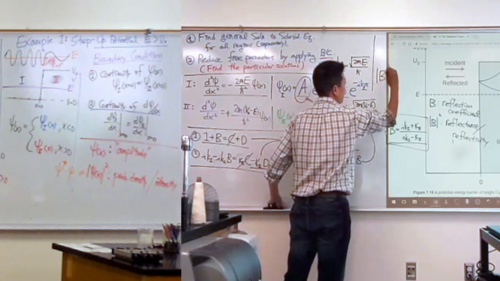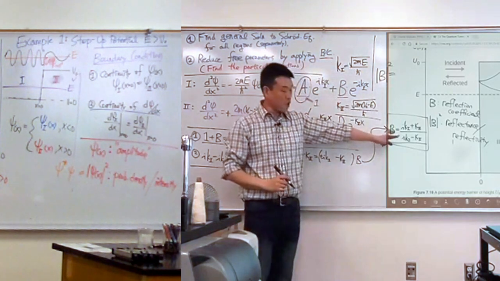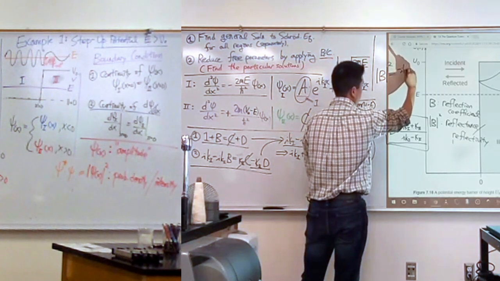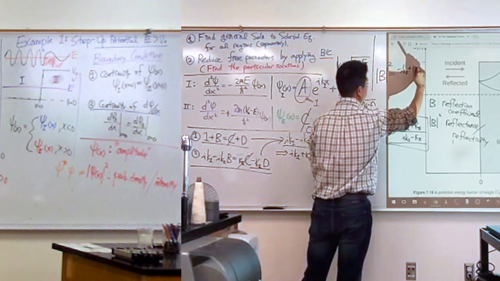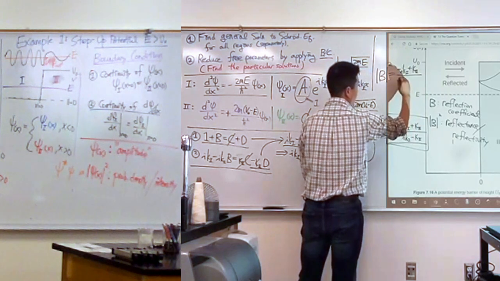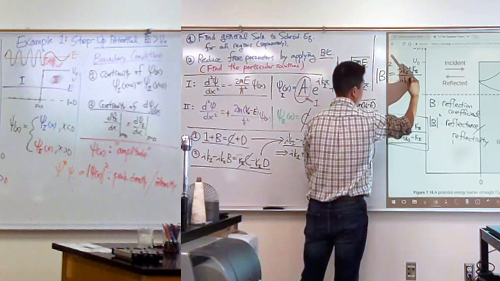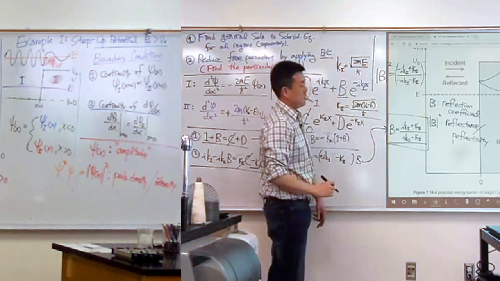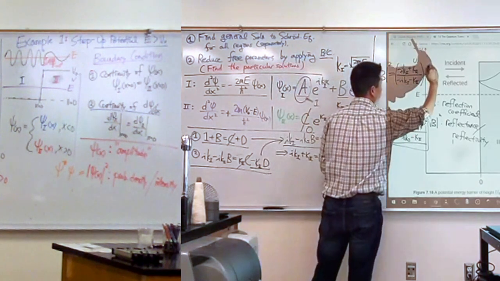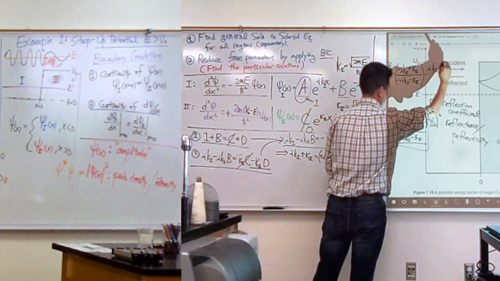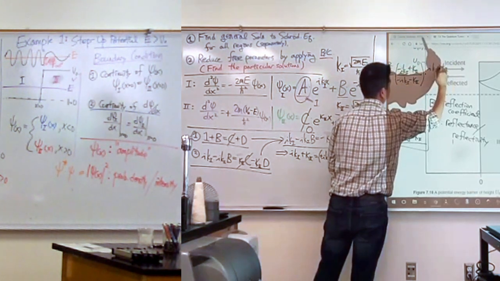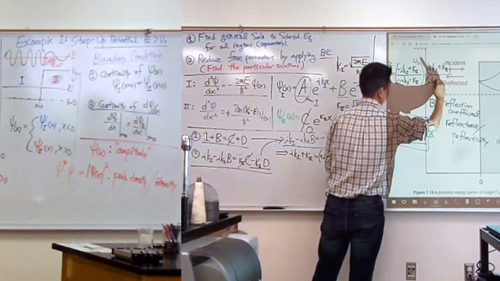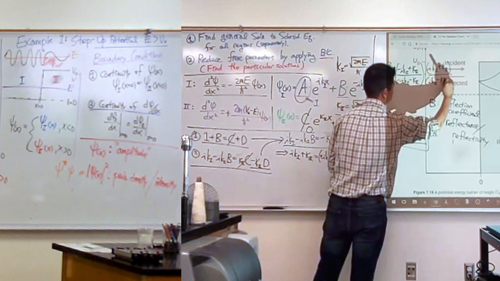B absolute value squared is going to be the complex conjugate of this, which is minus i k1 plus kappa 2 divided by minus i k1 minus kappa 2. That's the complex conjugate times B itself, so i k1 plus kappa 2 divided by i k1 minus kappa 2.